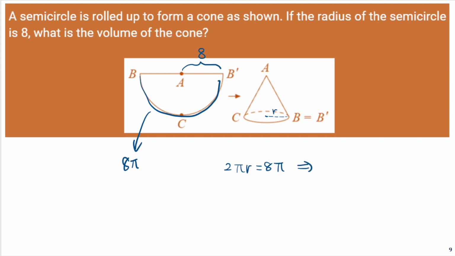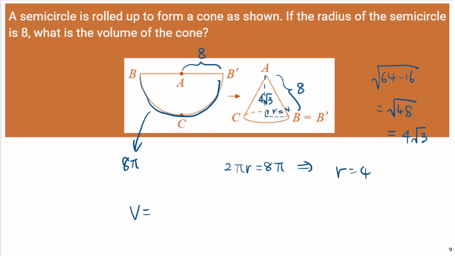Of course, this will give us r equals 4, right? And we know the slant height AB is actually AB prime, which is 8, and then we can easily find its height, which is the square root of 64 minus 16, which is square root of 48, and that is 4 square root 3.